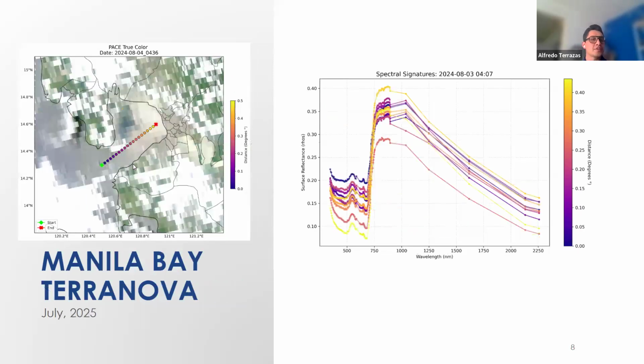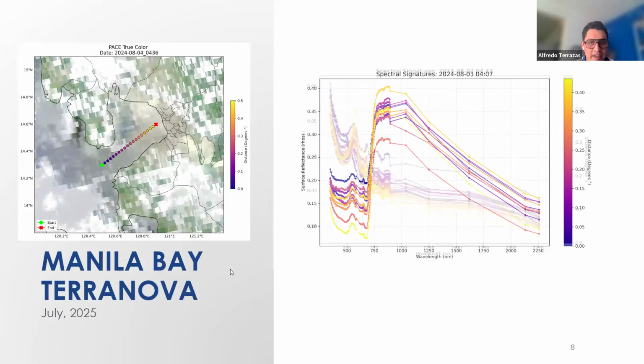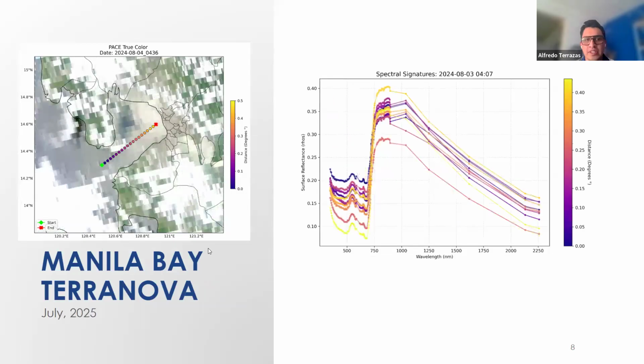For the other region that we worked with, this is Manila Bay for a slick during July of 2025. I have this date, and I have another one, and the spectrum looks very different. This one shows a peak near 1,000, and it might have the absorption that I showed you in the previous slide.